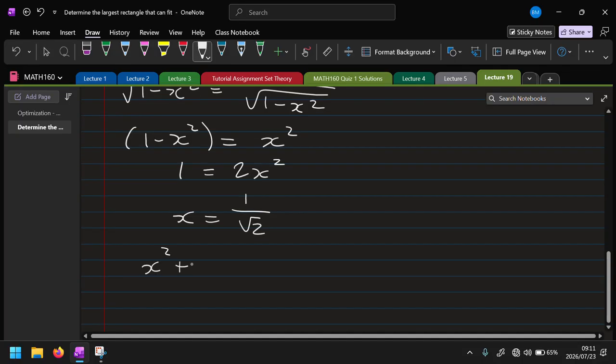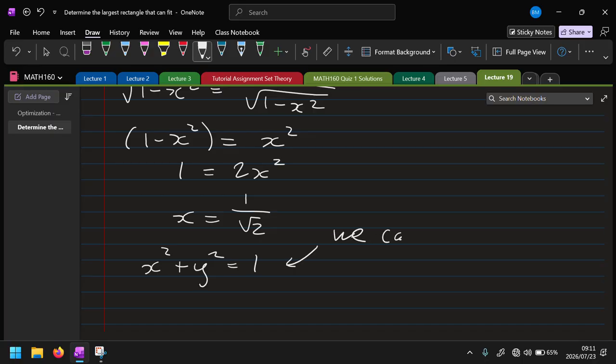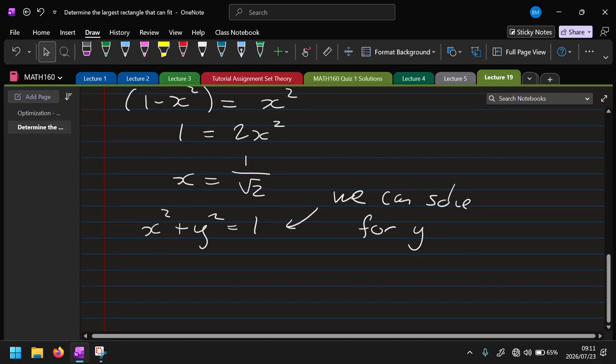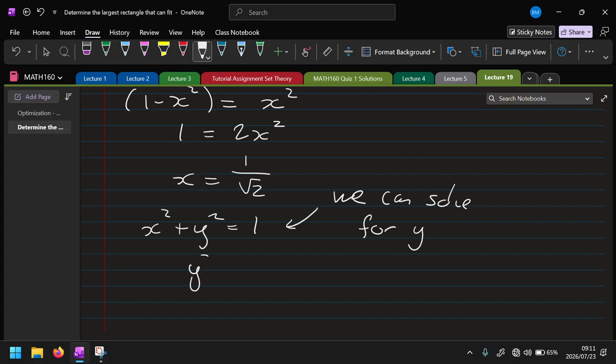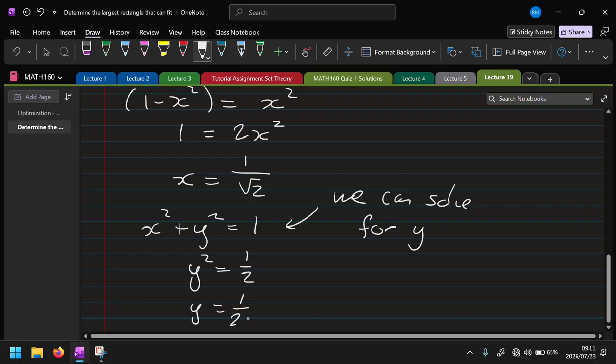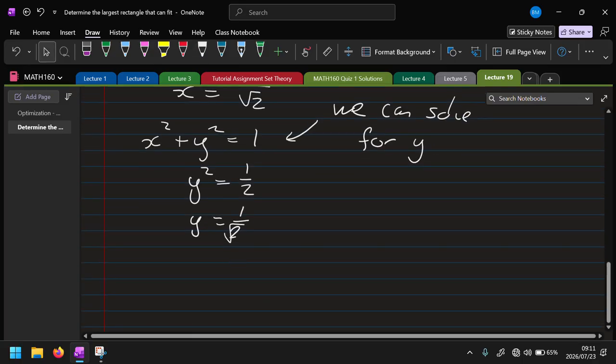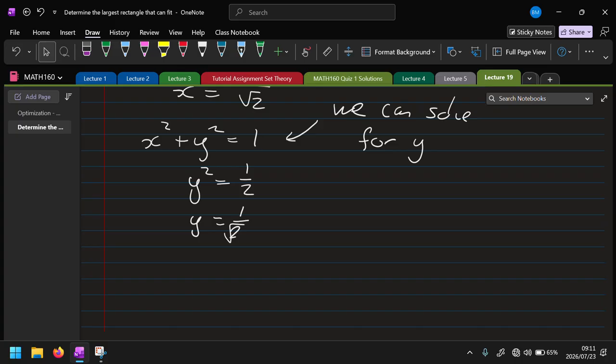So x squared plus y squared is 1. We can solve for y. Okay. So x squared, that will just be a half. Okay, so y is 1 over root 2. So the base is twice the x value, so 2 over root 2, and the height is 1 over root 2.